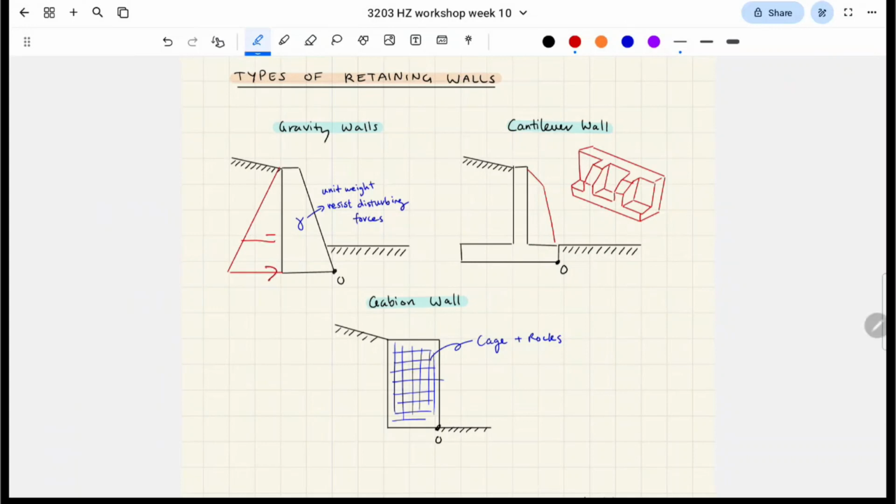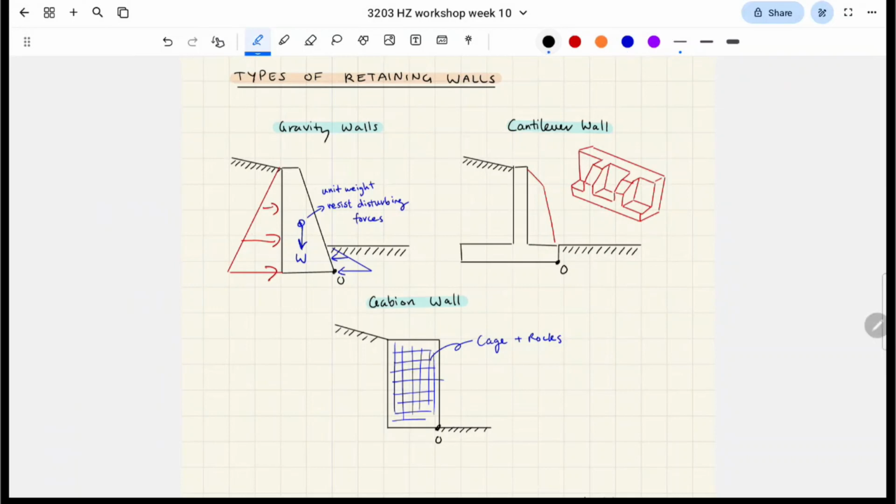Active earth pressure would be working this way, for example, pushing the wall and causing it to be destabilized, whereas passive earth pressure would be on this side, for example, basically resisting the sliding and overturning that can happen. We'll get more into the types of failure in retaining walls in a second, but that's the general gist of it. So gravity walls use their weight force due to their self-weight to resist the sliding and overturning.